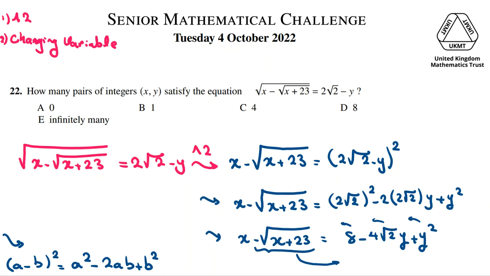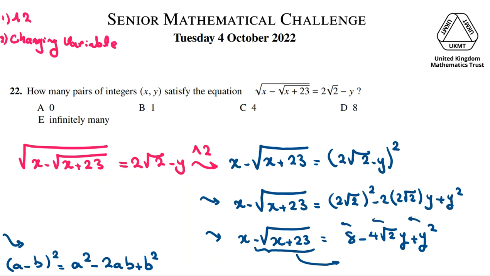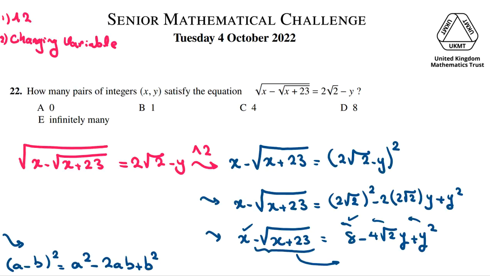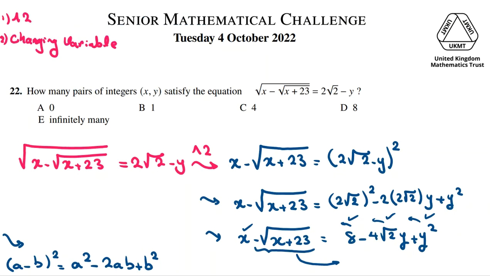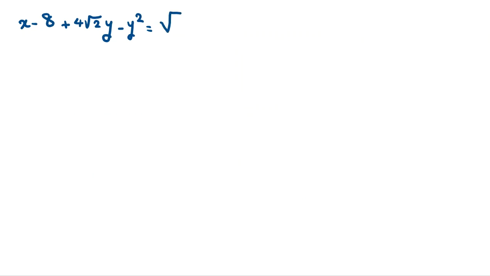So it will be x minus 8 plus 4 root 2 y minus y squared equal to, take this to right hand side, square root of x plus 23.